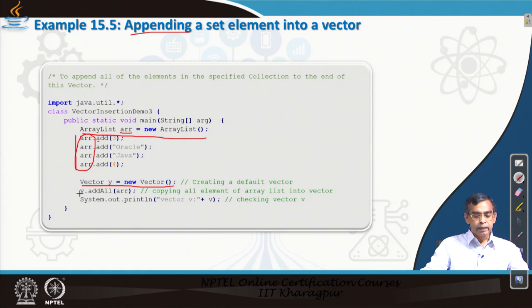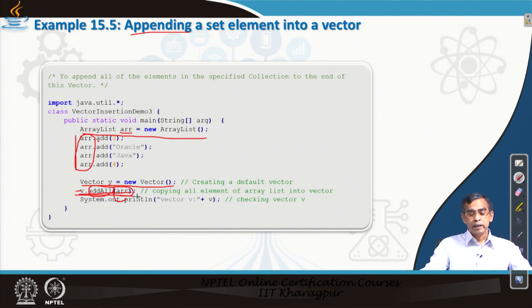After that, if you call the addAll method, which is defined in the Collection interface but implemented in the Vector class, and pass ARR, then if the vector V initially contains some elements, all the elements in this collection will be added after that. So this shows how appending can be done.